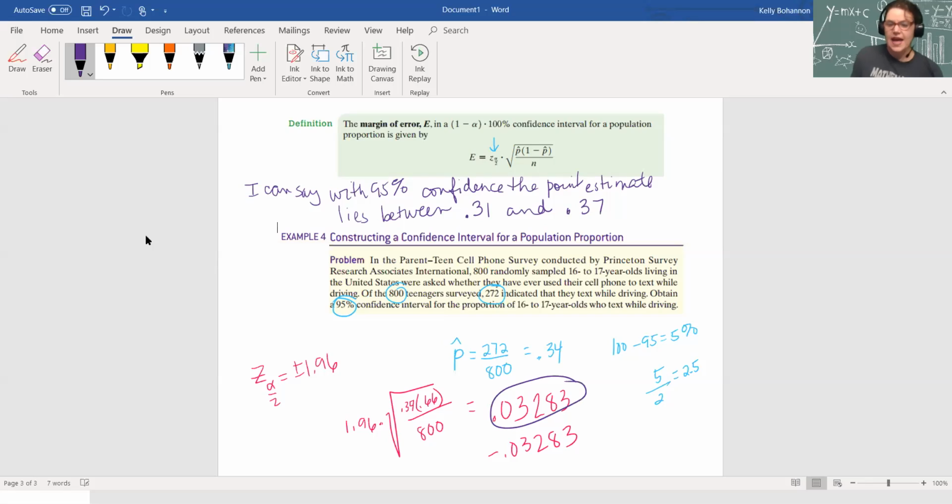I just took this value and added it to and subtracted it from 0.34, and that's how I get my confidence interval.